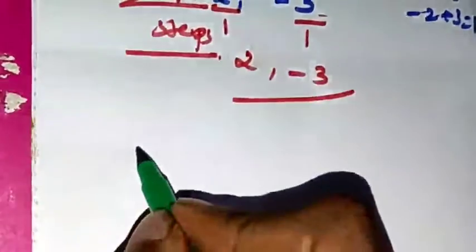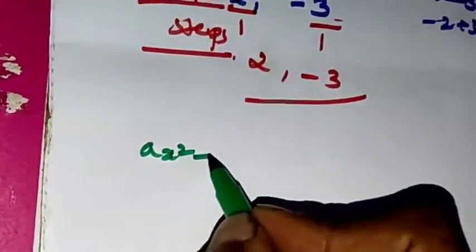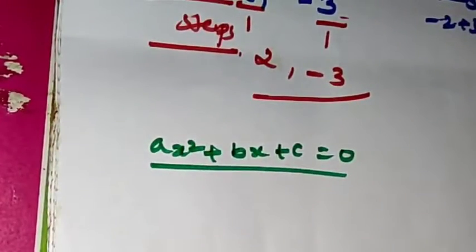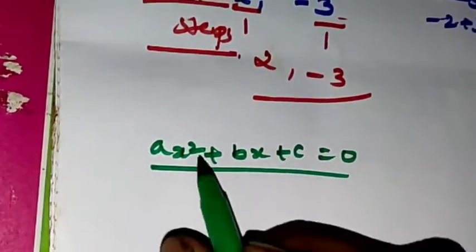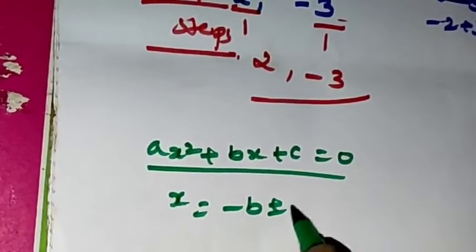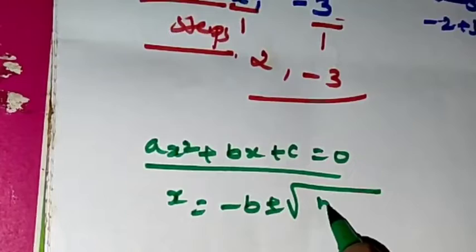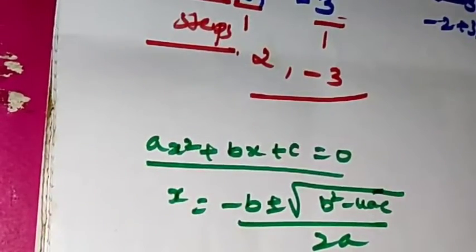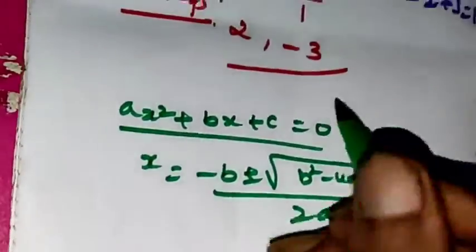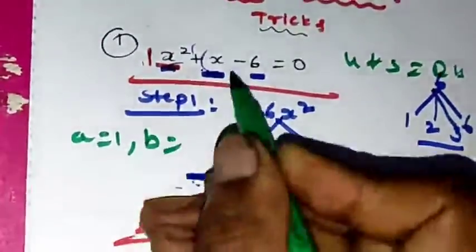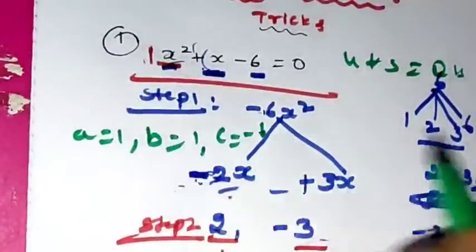What is the formula of the quadratic equation? ax square plus bx plus c is equal to 0. This is the general quadratic equation. The formula for this is x is equal to minus b plus or minus root of b square minus 4ac, by 2a. This is the quadratic equation formula. Here a is 1, b is 1, c is minus 6.